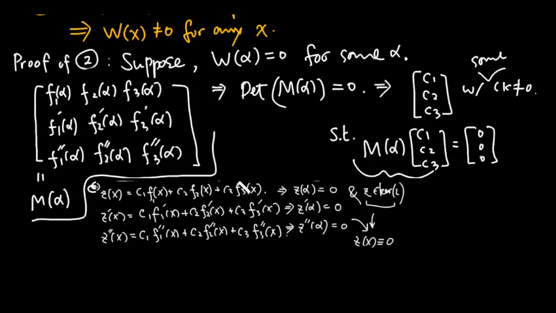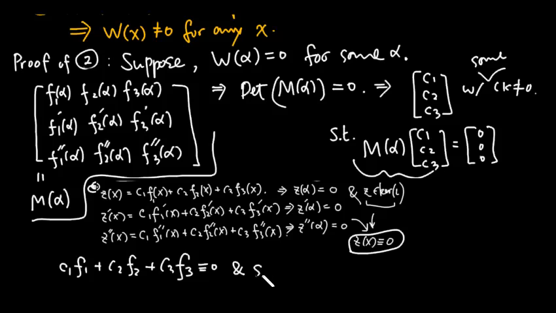These are the derivative values, and we conclude, using existence and uniqueness, that z of x is identically 0. So let me write down what z of x is: C1 f1, C2 f2, and C3 f3 is identically 0, and the sum of the ck is non-zero. That's the conclusion.